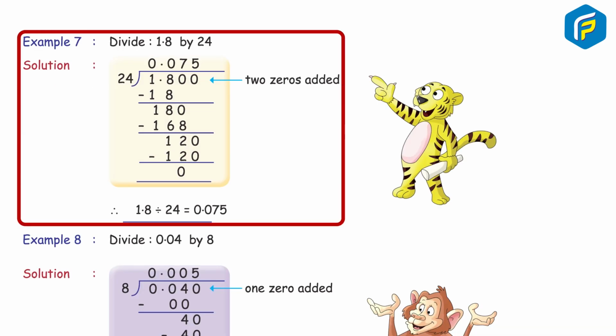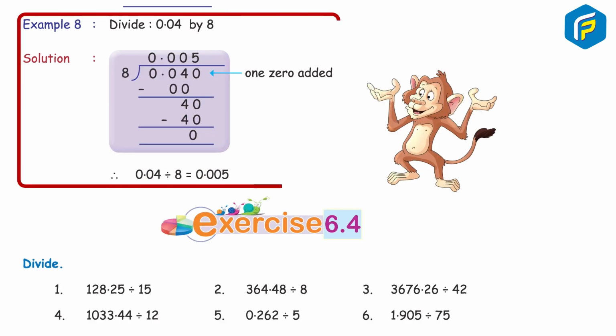Example 7. Divide 1.8 by 24. Solution. 2 zeros added. 1.8 divided by 24 equals 0.075. Example 8. Divide 0.04 by 8. Solution. 1 zero added. 0.04 divided by 8 equals 0.005.